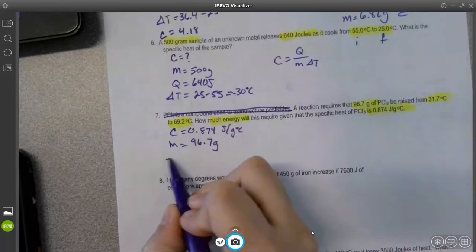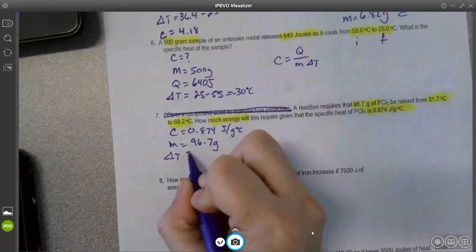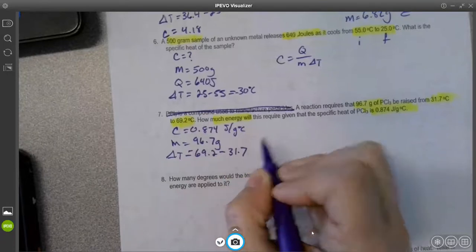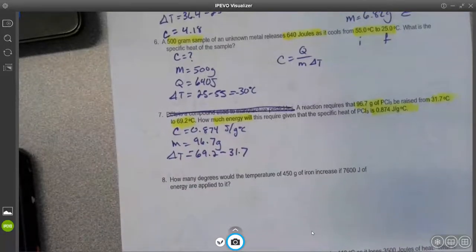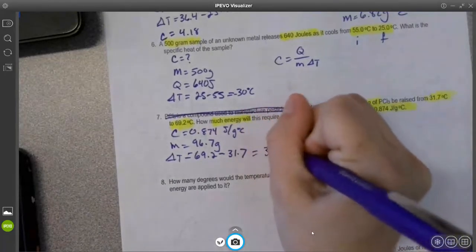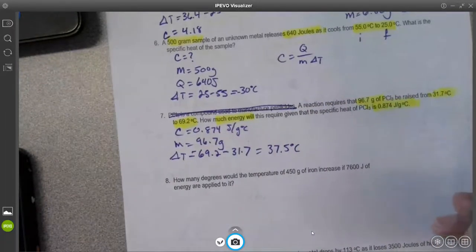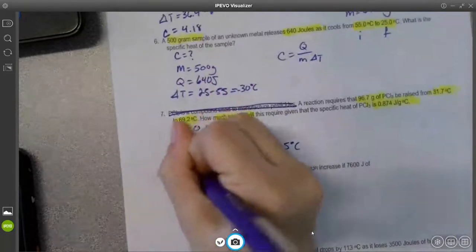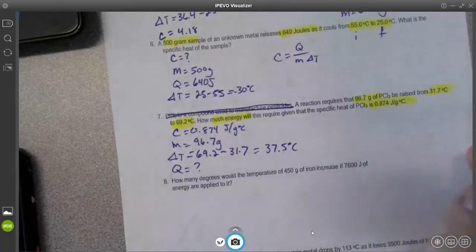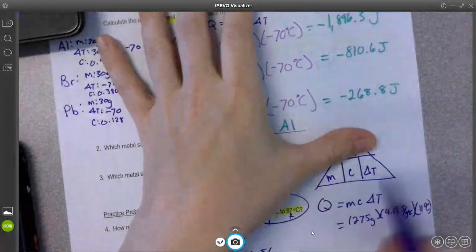We have a change in temperature. Again, remember final minus initial. So 69.2 subtract 31.7 should equal 37.5 degrees Celsius. And we have Q, which is what we're looking for because it's asking for how much energy. So looking for Q, we can cover it up, and we know Q is equal to MC delta T.